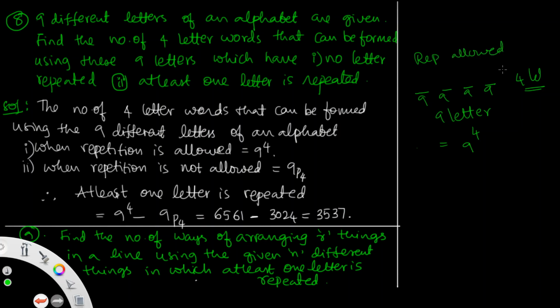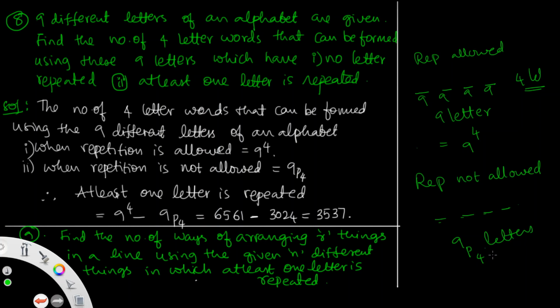When repetitions are not allowed, you have 9 letters to form a 4-letter word. So with 9 letters, getting a 4-digit number can be done in 9P4 ways.